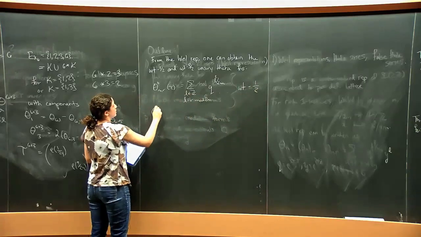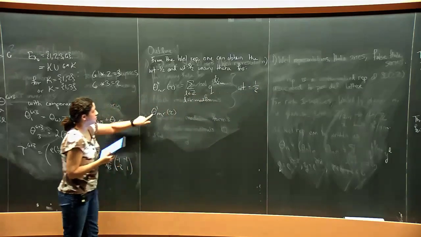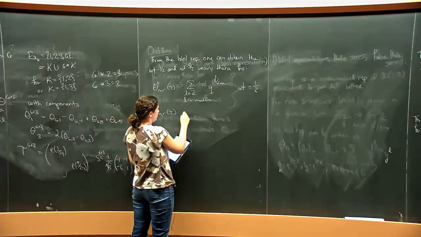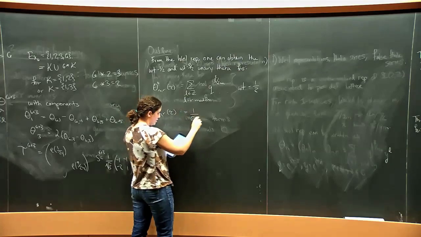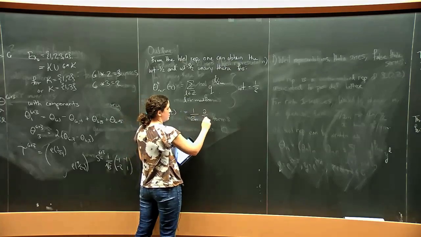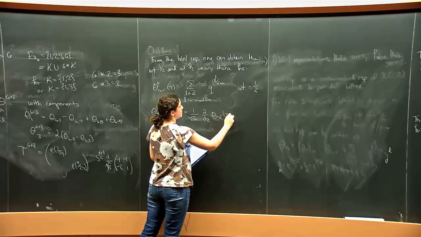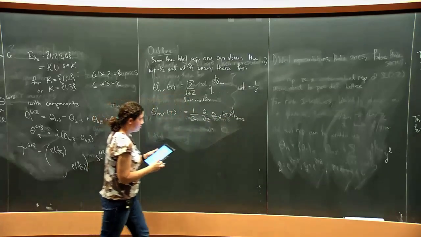And a weight 3/2 guy, which I'll call theta superscript 1, which you can write as a derivative acting on theta mr of tau and z, and then setting z equals to 0.